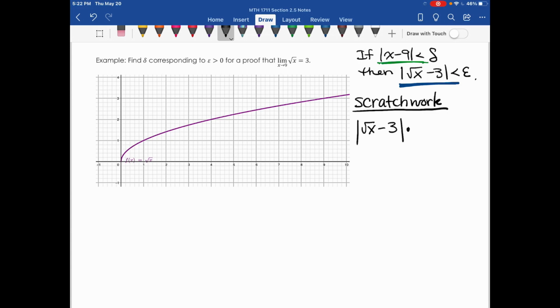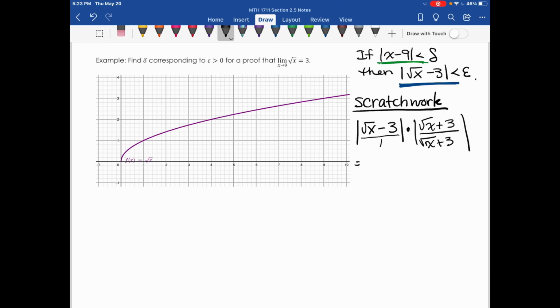I'm going to multiply the top and the bottom by the conjugate so I can do some rearranging. So I'm going to put that over 1 and I'm going to multiply by the square root of x plus 3 over the square root of x plus 3. So essentially we're really multiplying by 1, but we're doing it in such a way that we can rearrange that square root of x minus 3.